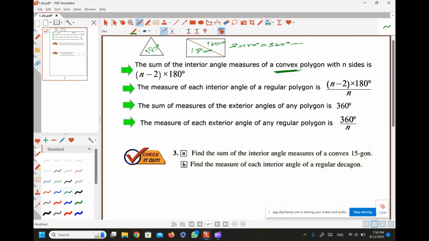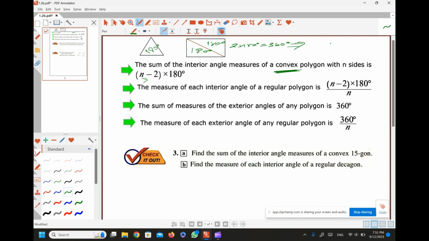So let's apply the formula and see if it verifies. According to the formula, it is (n minus 2) times 180 degrees. n refers to the number of sides. So how many sides do we have in this rectangle?